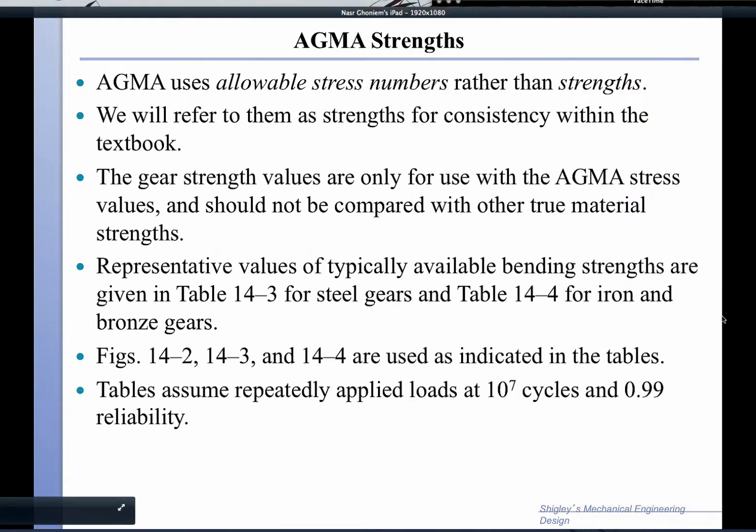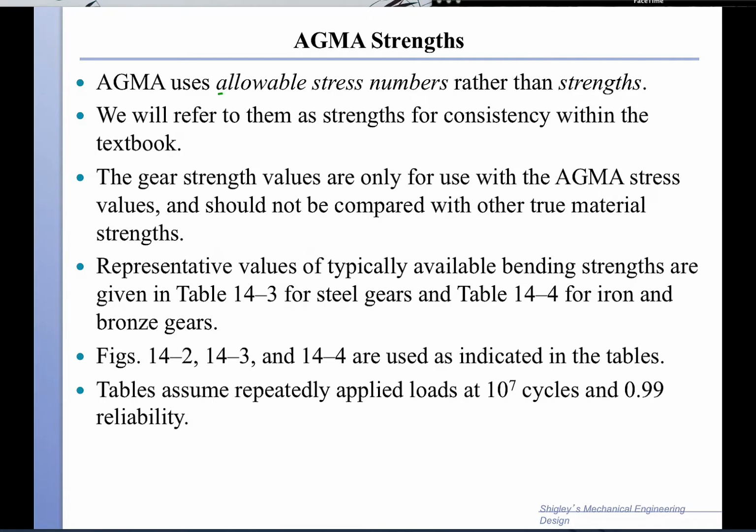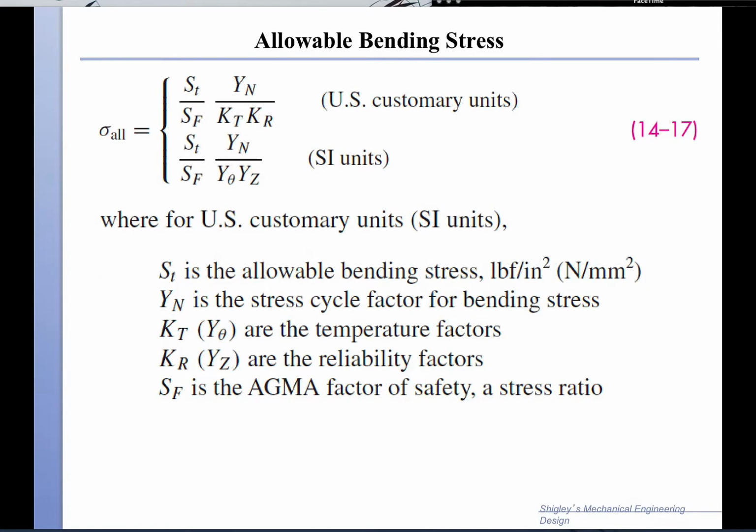So the idea here is that you have allowable stress numbers rather than the strength used in this case. And the way it is expressed is that you have an allowable bending stress, which we use directly in the Lewis equation, but here we're going to be more careful because we have a safety factor. So you divide the allowable bending stress by the safety factor.